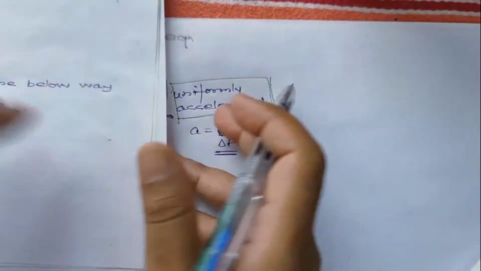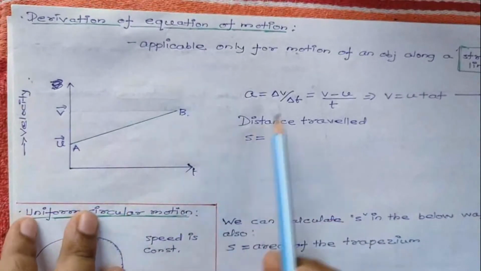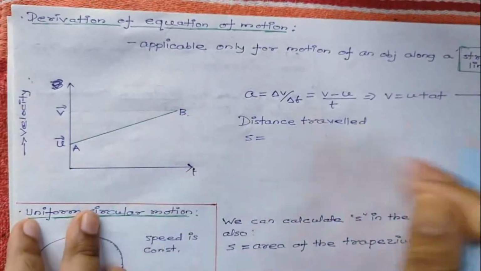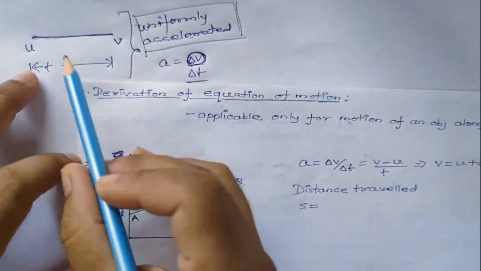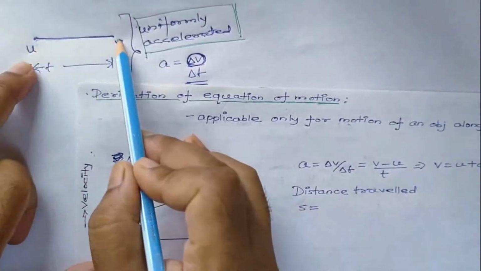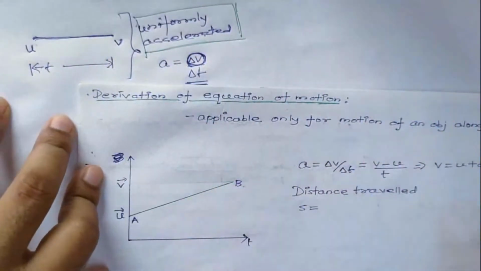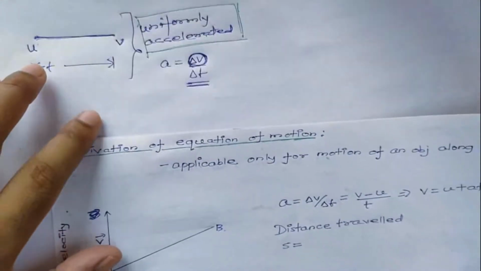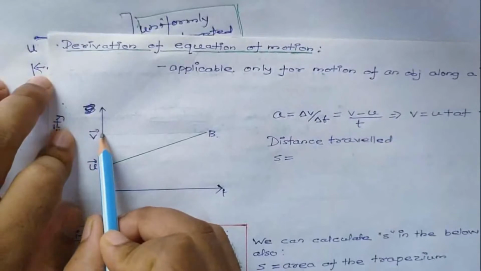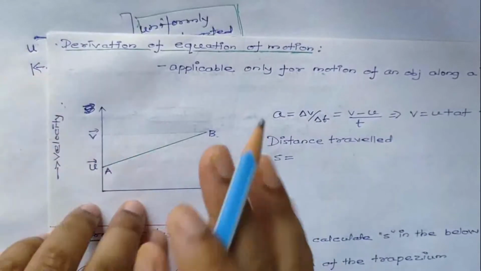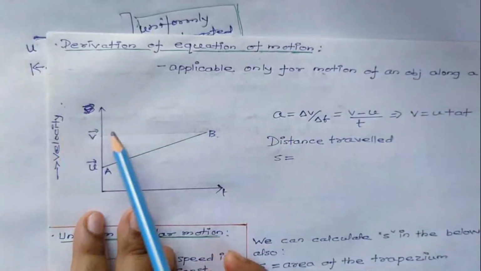So let us go to the diagram. I have drawn this entire thing here. Initial speed is u, final speed is v, time spent is t, acceleration is constant. So just before we start, this is a velocity time graph.